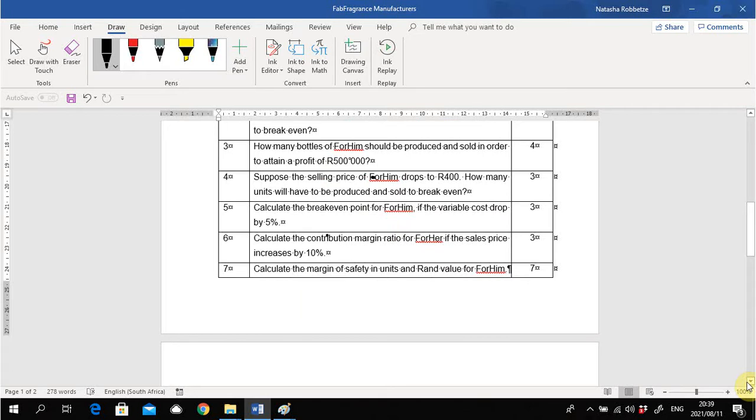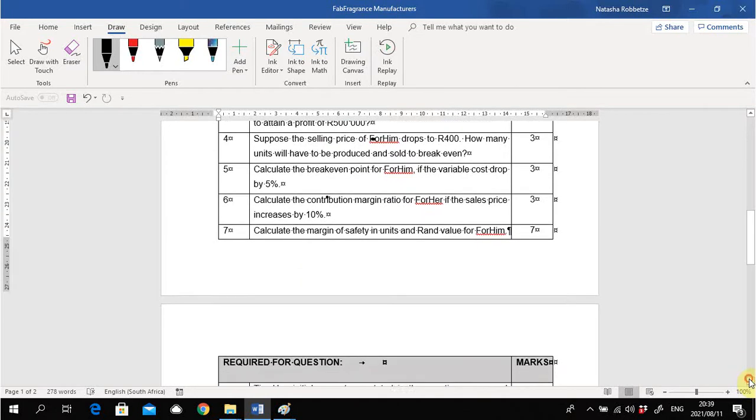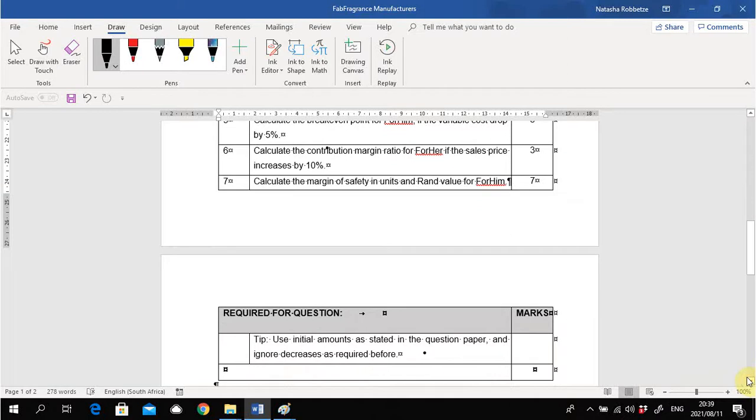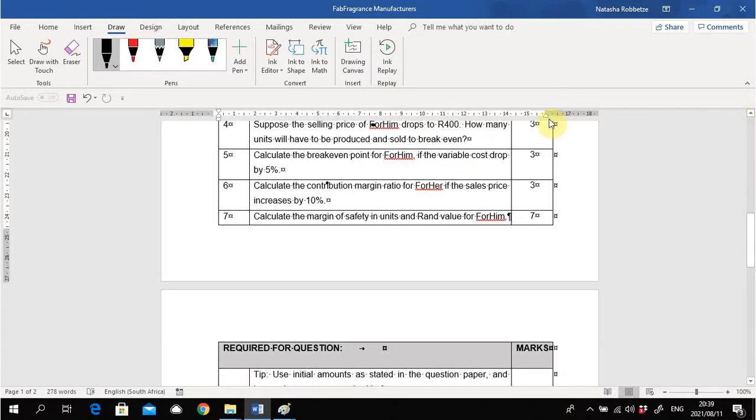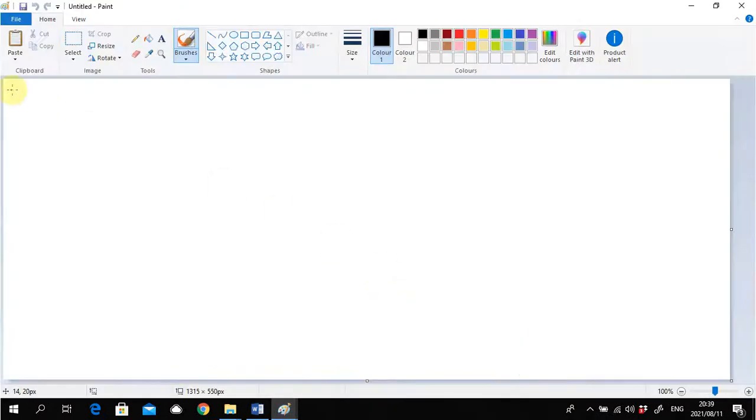of safety in units and in Rand for him. Important: use the initial amounts and not the decreases and increases stated before, right? Okay, so we need to do the margin of safety in units and Rand value for him. Right, let's try.